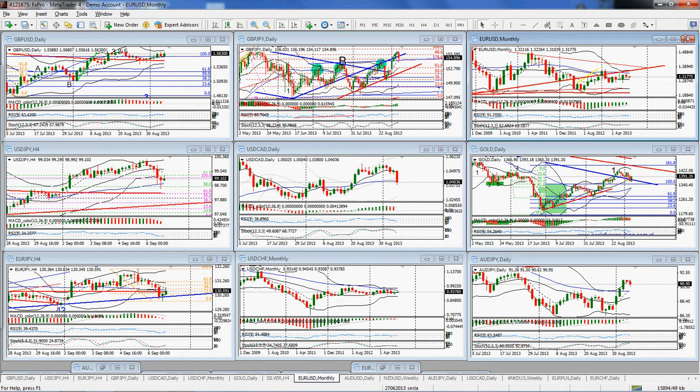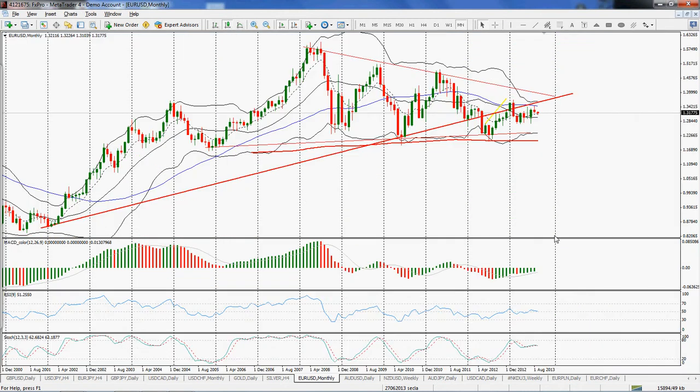I'd like to start with Euro US dollar. On the monthly chart, the current monthly candle, in my opinion, will react or is reacting to this July candle, which broke through this Bollinger Middle Band. That was the positive sign. The August candle has reacted to this moving average 50 and to this support line, which became a kind of resistance area for the market.